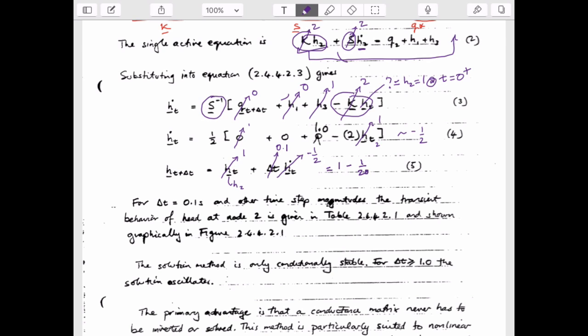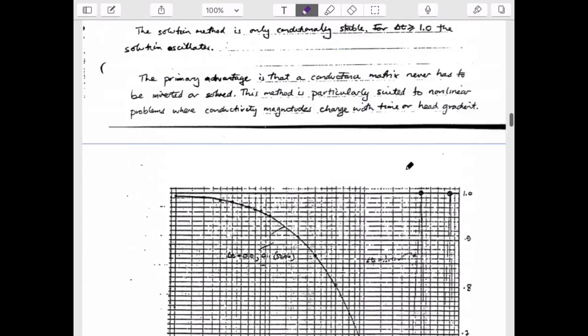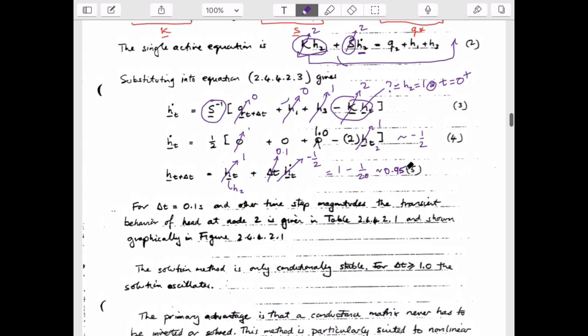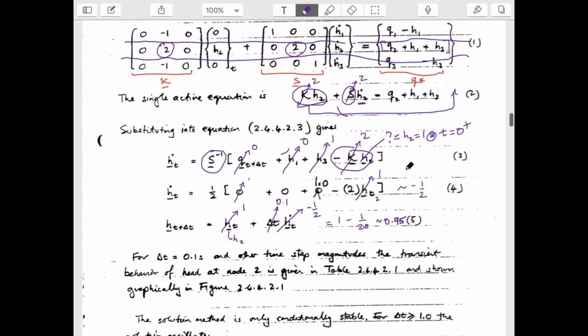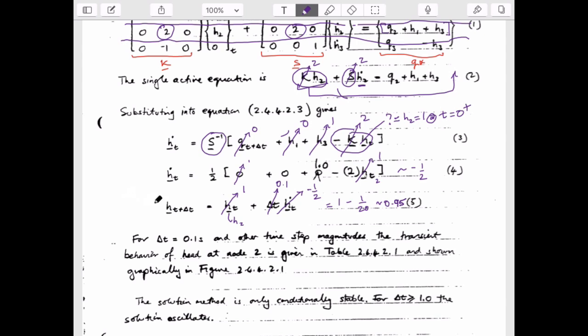So it would become 0.95, right? I think that's right. Maybe not. Am I doing that right? I think, right? And so that gives us a value for the first head at this revised time. So now we have a value of 0.95.